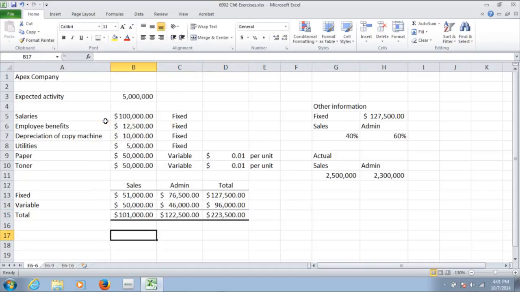Now notice that when we look at the initial estimate, we had 227,500, and now we have 223,500. Now you might be wondering, well, where did it go? So, where's the difference?